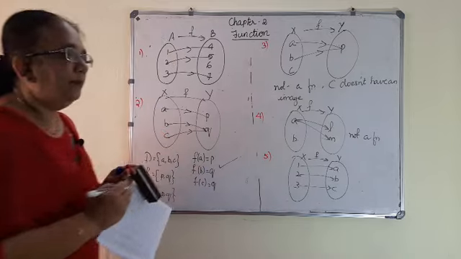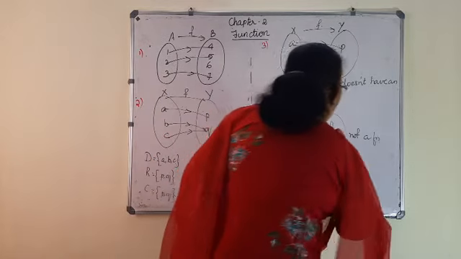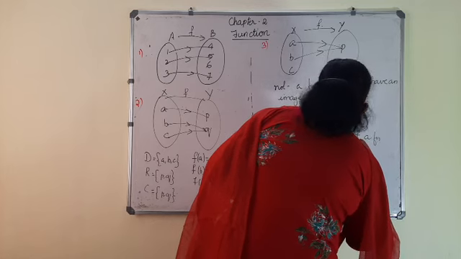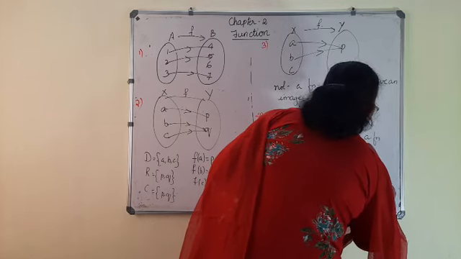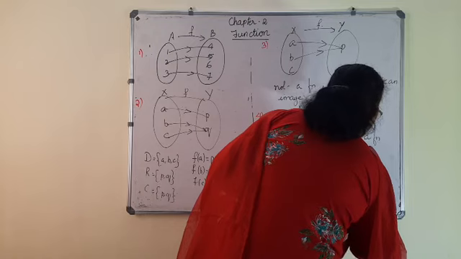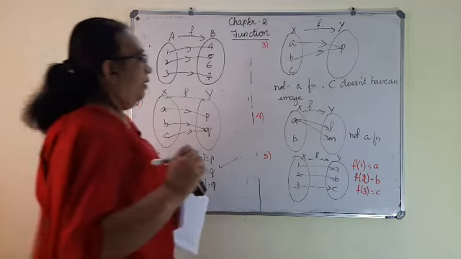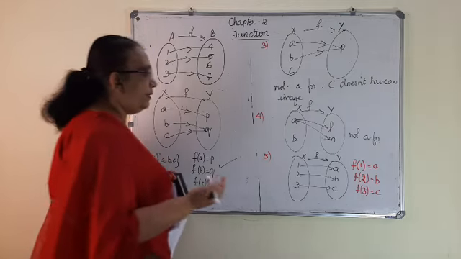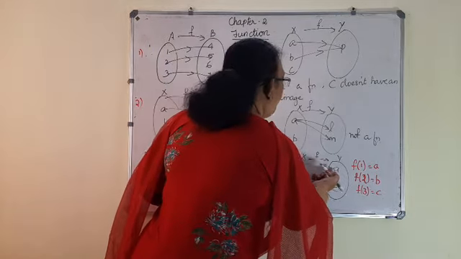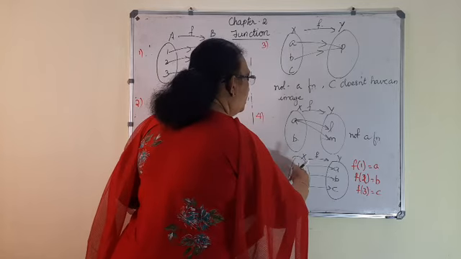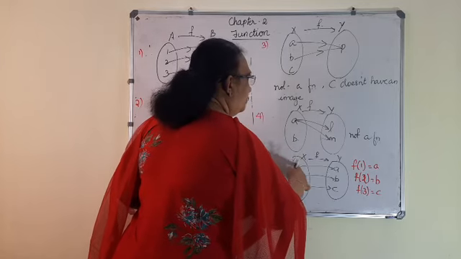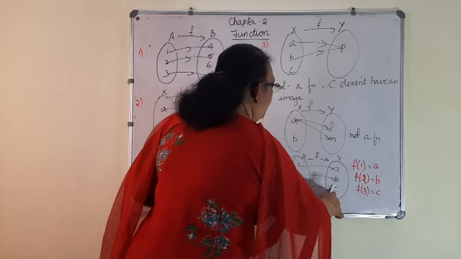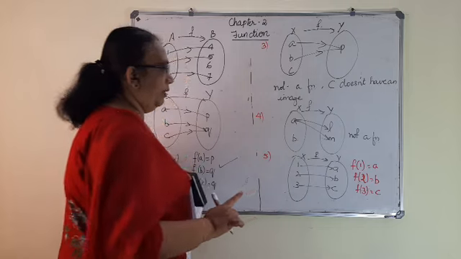In the fifth example, you can see that f of 1, the image of 1, is equal to A, image of 2 is equal to B, image of 3 is equal to C. Now, the pre-image of A is 1, pre-image of B is 2, pre-image of C is 3.